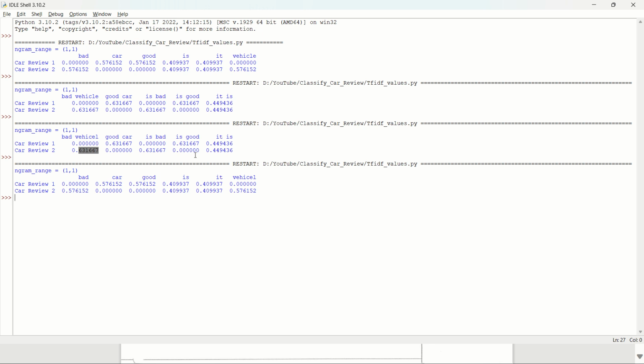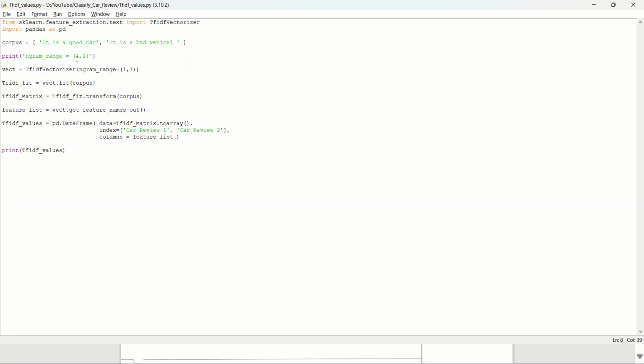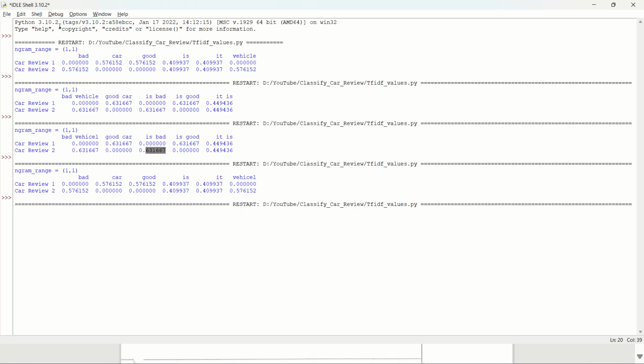You can see bad vehicle, is bad have these values in the bigram concept. So I have to print this out as bigram. So the bigram concept is printed correctly. You can see it's considering the whole words. Therefore, we can ignore the misspelled words in this way.